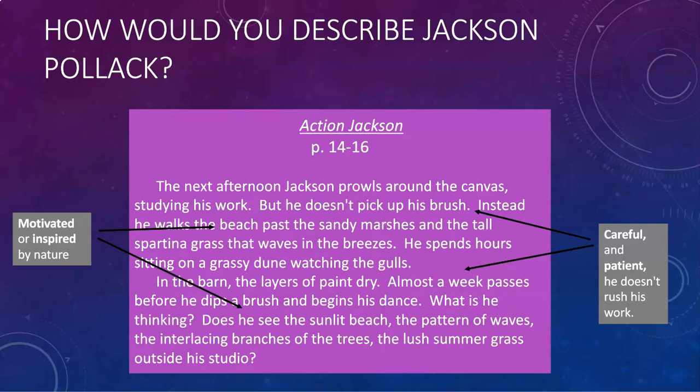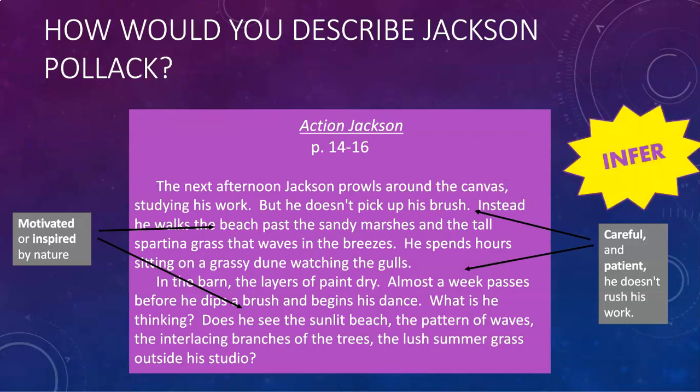So I think that he is careful, he wants to do a very good job at his painting, and that he doesn't rush his work. How did I figure that out? Pow! Boom! Right there on your screen. I inferred. You betcha I did. I used my good inferencing skills, and I knew that without being told directly because I looked at the evidence.